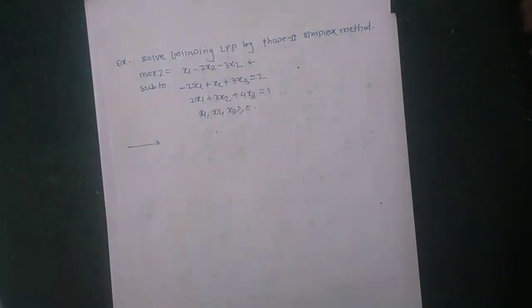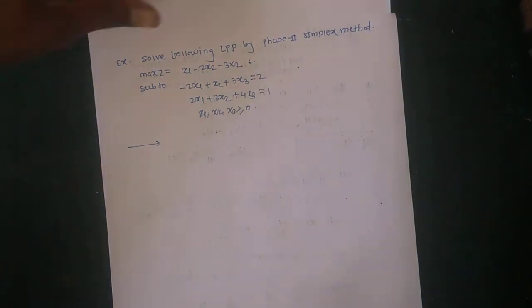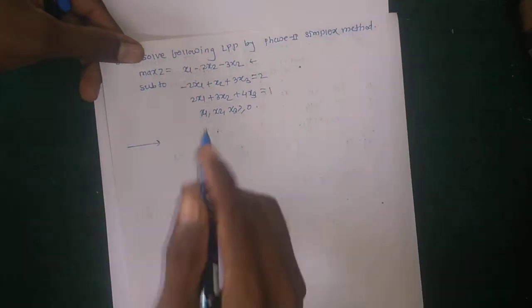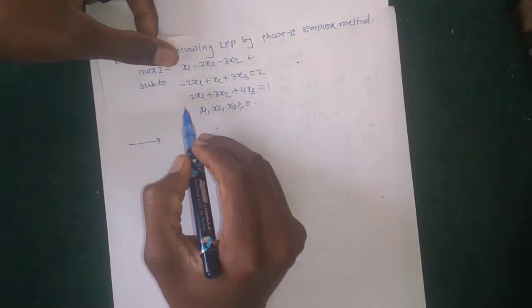Okay, and then write the artificial variable, adding the artificial variable, that is, we write the given LPP in standard form.